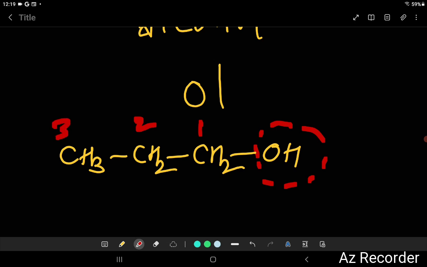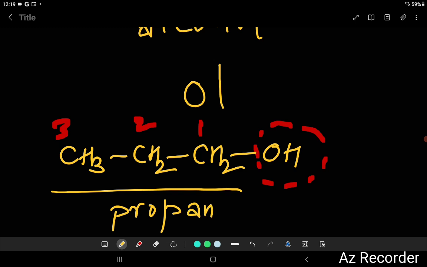So for the name of this compound, these 3 carbons mean prop, attached with single bond, that is "an", and the functional group, that is OH, or you can say alcohol, you should add "ol" at the suffix. This means propan-1-ol.